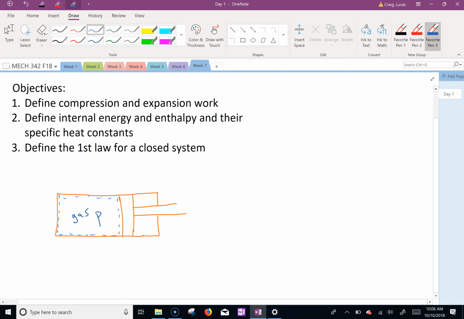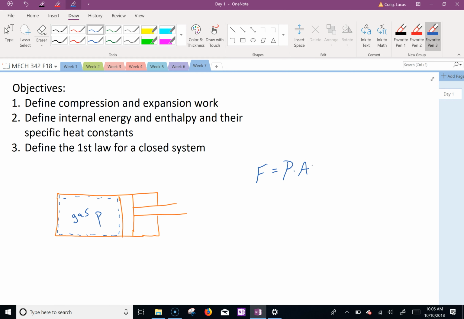How do we find the force exerted if we know the pressure? We've done this numerous times, but had people redo the homework problems because they forgot to do Newton's second law for the force balance on it. But if we know the pressure, how do we find the force that this gas is pushing against this? Pressure times area.